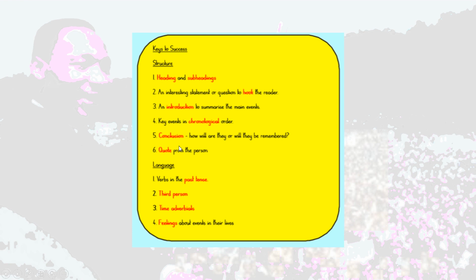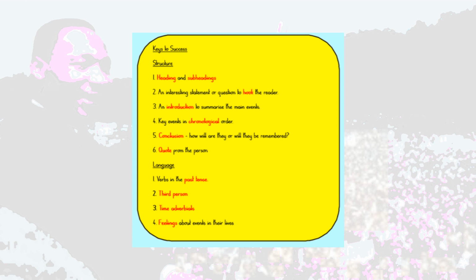Key events in chronological order, so you wouldn't talk about when they died first unless it was a hook for the interest, to get the reader in. All the events of the person's life would be in chronological order, chronological date order. There'll be a conclusion and a quote from the person as well.